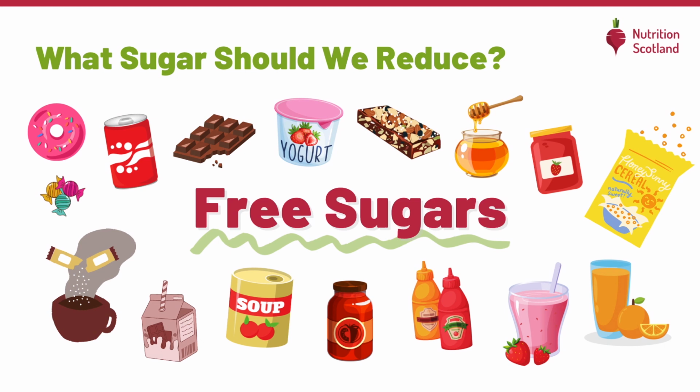The recommendations for reducing sugar intake refer to a particular group of sugars called free sugars. Free sugars are the sugars added to food and drinks, such as those found in fizzy drinks, cakes, cereal, or even tinned products such as soups and sauces. It also includes the sugars present in honey and syrups, as well as fruit juices and purees.